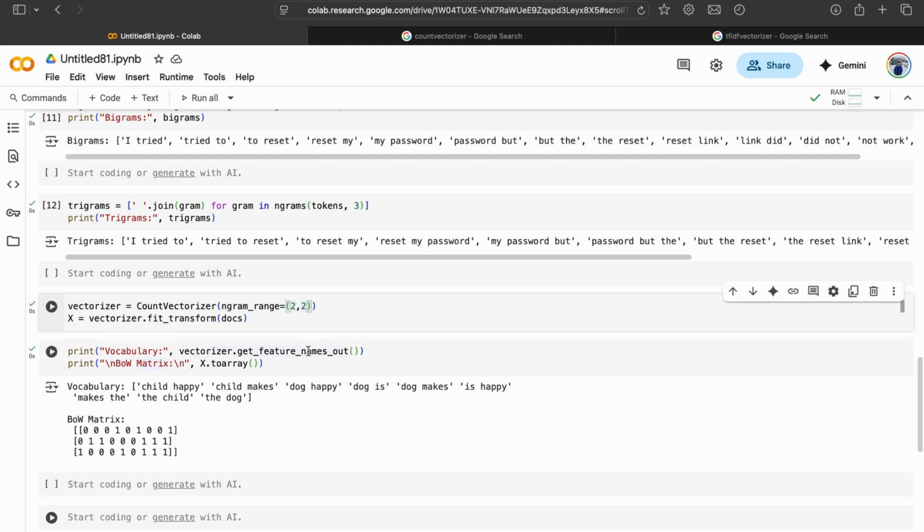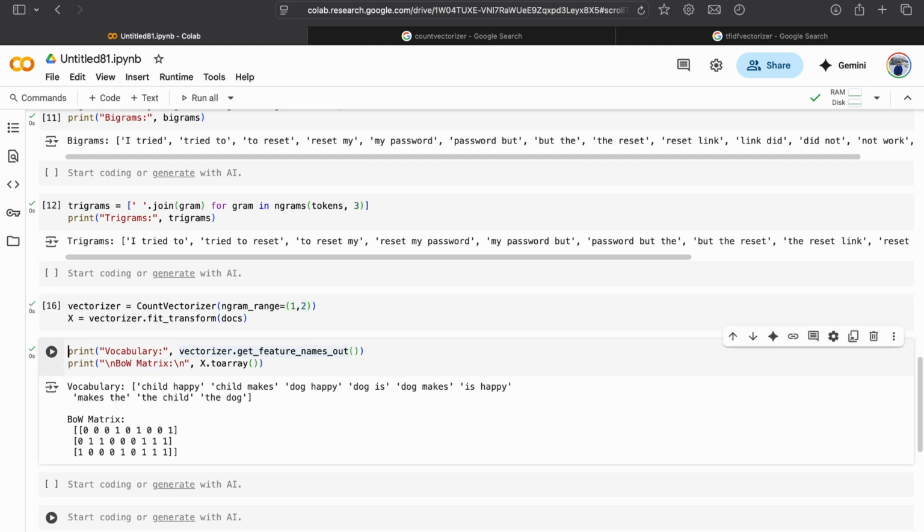Let me show you how people use it. People will just use unigram and bigram, or unigram, bigram and trigram, based on the need of the project. If you use 1 comma 2, then both unigram and bigram will be shown here.